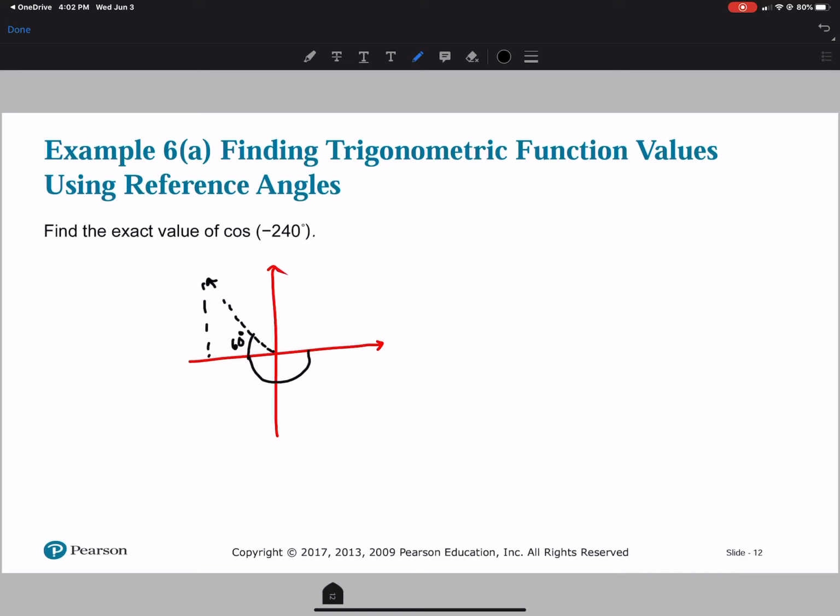Now, in this case, cosine is negative in the second quadrant, right? So just keep that in mind.